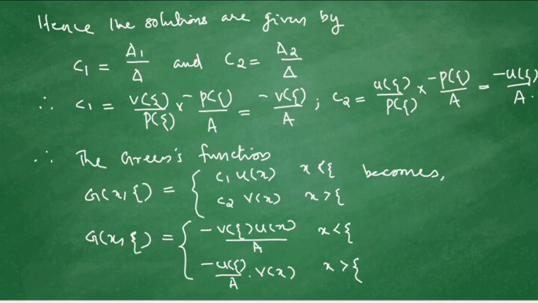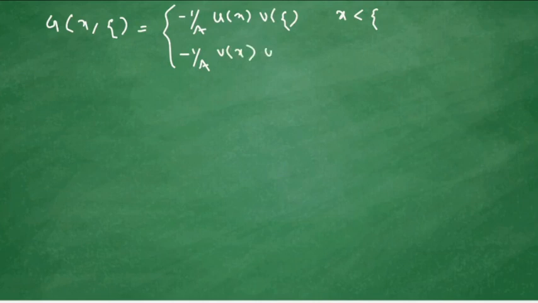Substituting the values of C1 and C2, we obtain the Green's function: g of x, theta is equal to minus 1 by A, U of x into V of theta whenever x is less than theta, and minus 1 by A, V of x into U of theta when x is greater than theta.